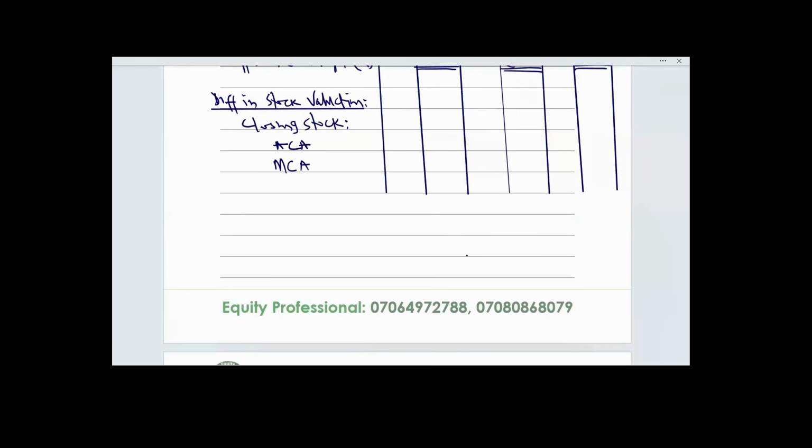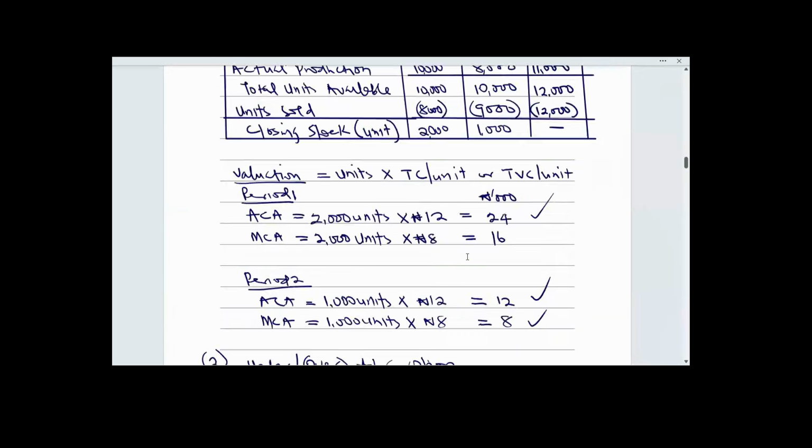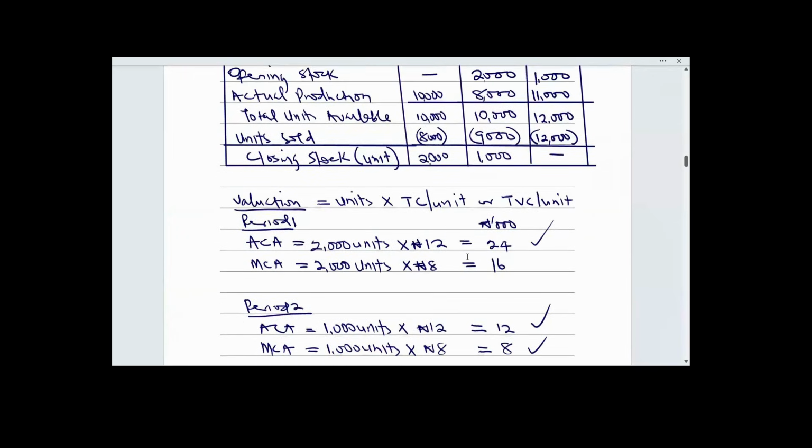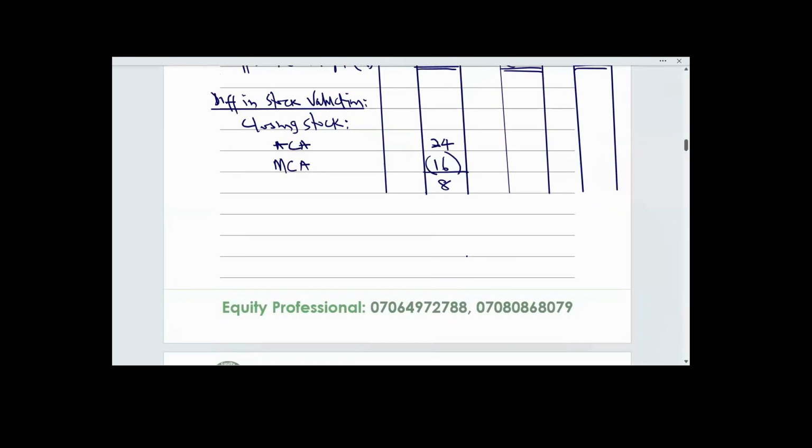Under the ACA, in the first period, how much was our closing stock? 24. Then MCA, 16. Here is 24 minus 16. So this will give us 8, right? This is difference in closing stock.